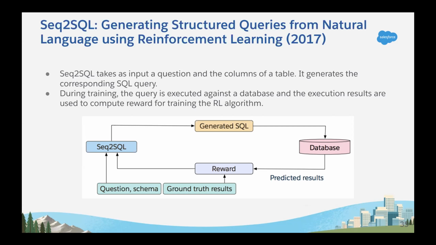The motivation for adding this reinforcement learning objective in this model is that given a question and a schema, there could be multiple correct SQL queries for the question, so using reinforcement learning is more natural to handle this multi-answer situation.